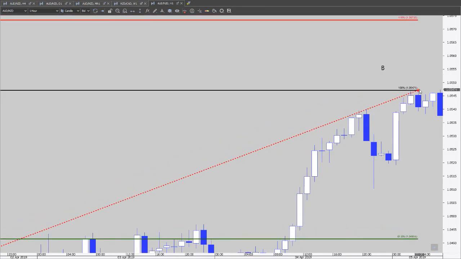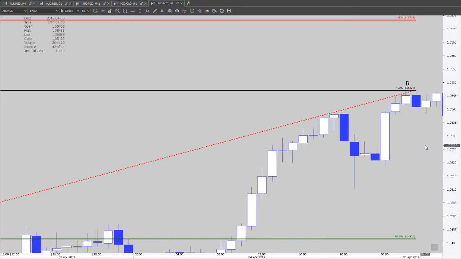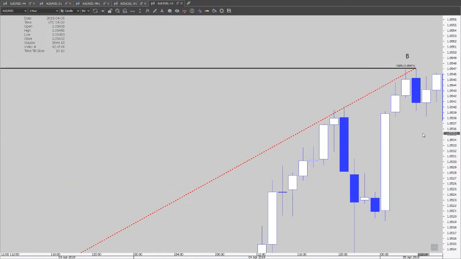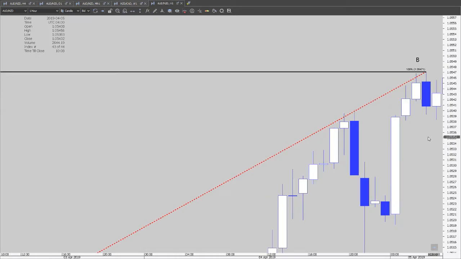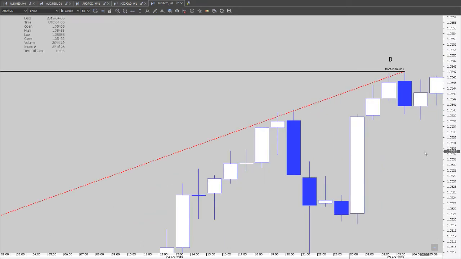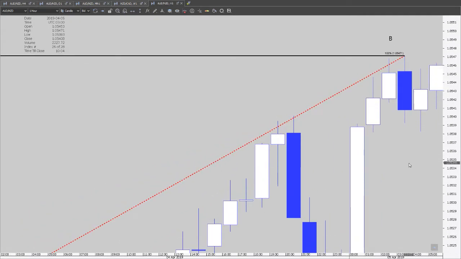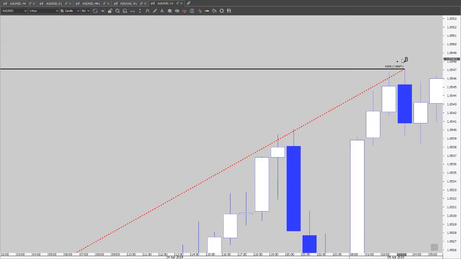Okay. In this example, this is the B, right? And we don't have the crystal ball, of course. You don't see the market, you don't see the future. This is the B high of the AUD NZD 1 hour chart, right?